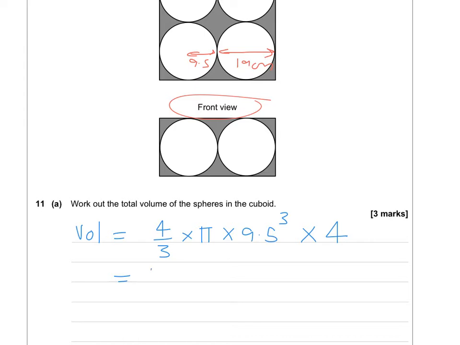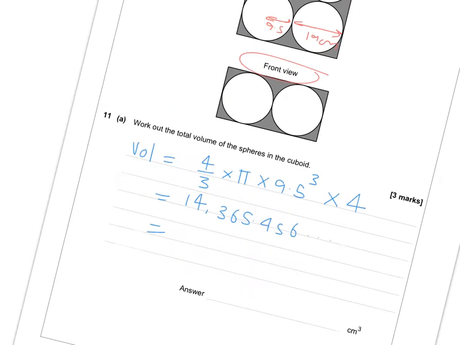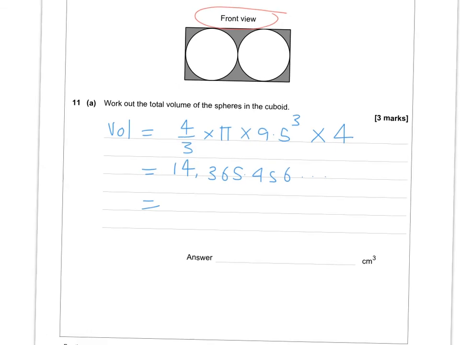This comes to a value of 14,365.456, etc. So we can round that down to 14,365 centimetres cubed to the nearest 1 centimetre cubed.